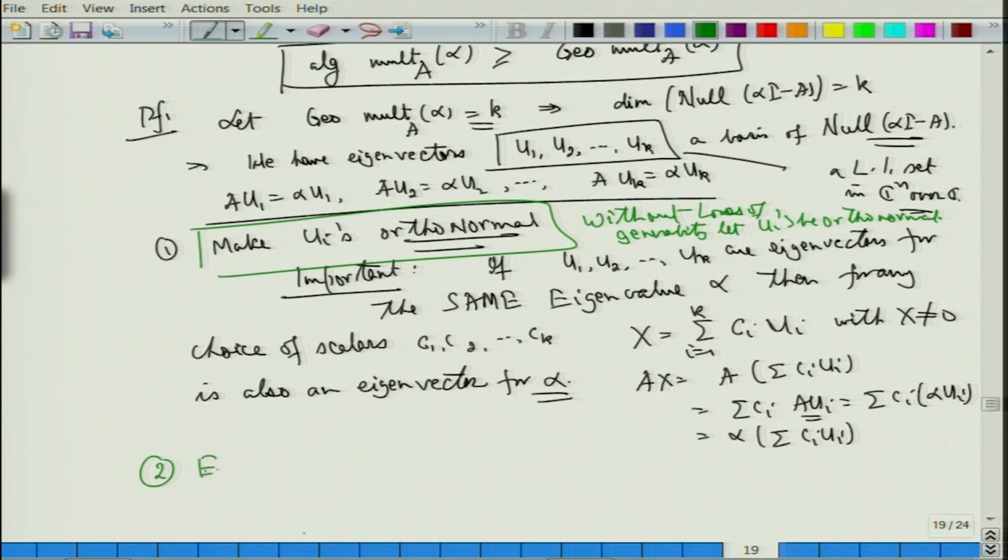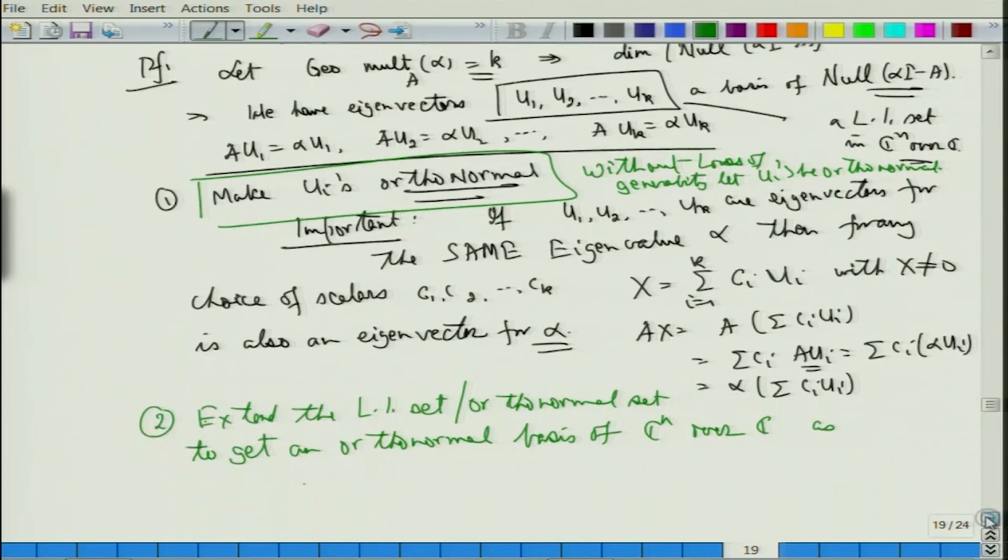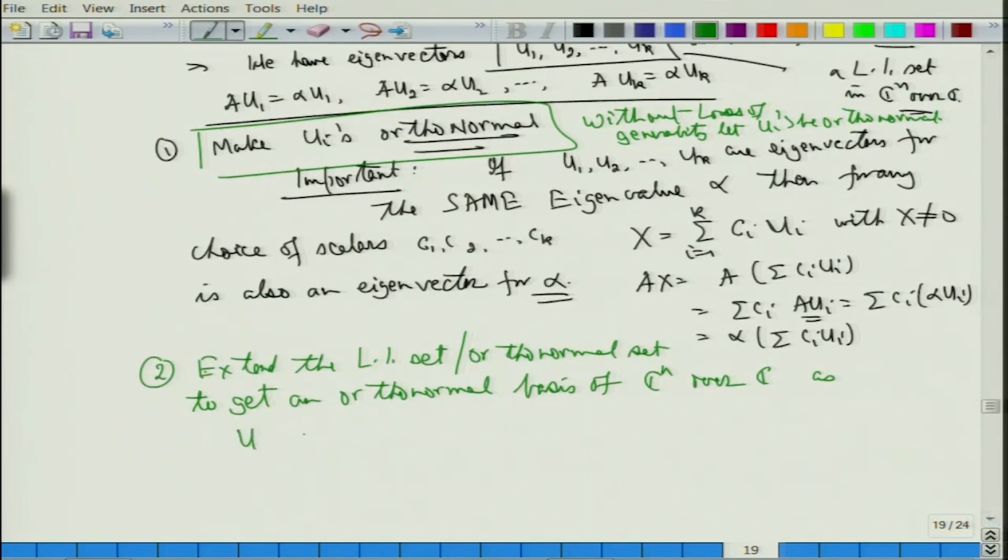Extend the linearly independent orthonormal set to get an orthonormal basis of Cn over C as u1, u2, up to uk, uk plus 1 till un. Is that okay? So I have got this basis now.